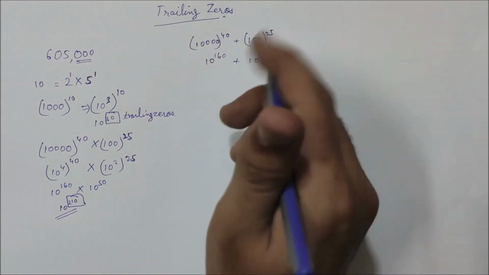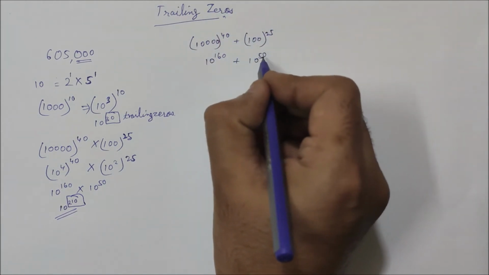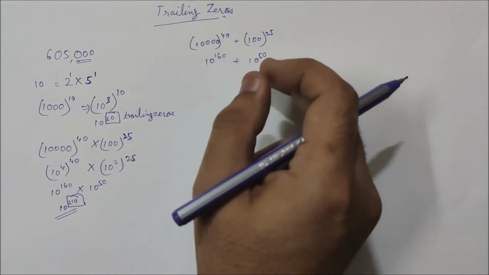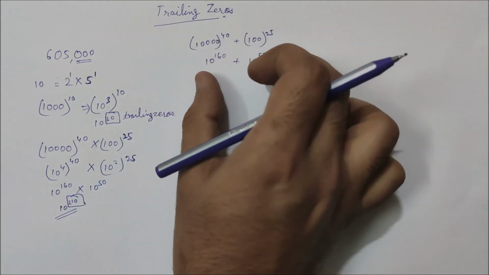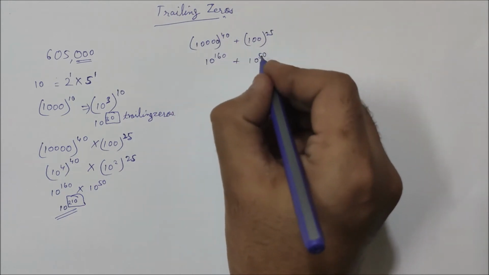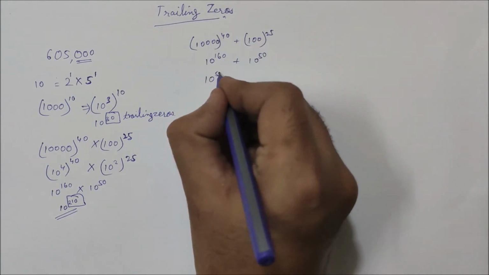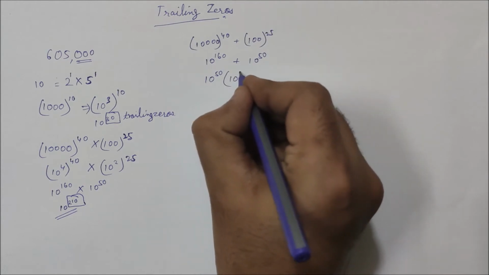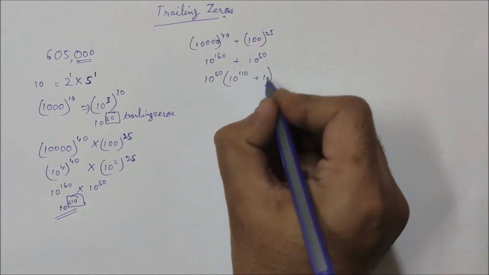What we can do at maximum is take 10 to the power 50 as common from both these numbers, because the other is higher than 10 to the power 50 and this is 10 to the power 50 only. So if I take this common, I'll get 10 to the power 110 plus 1.